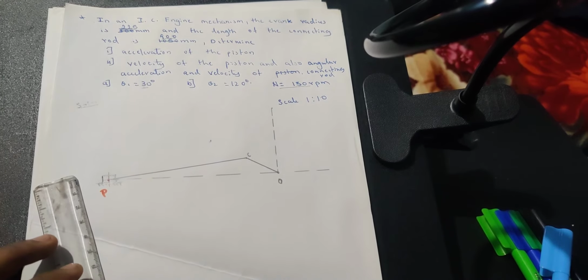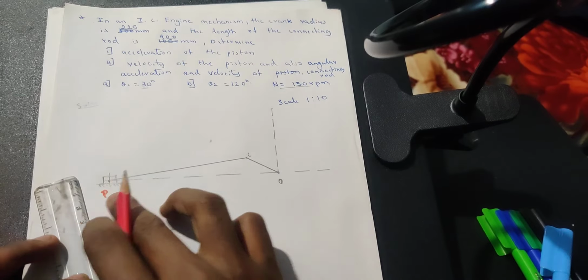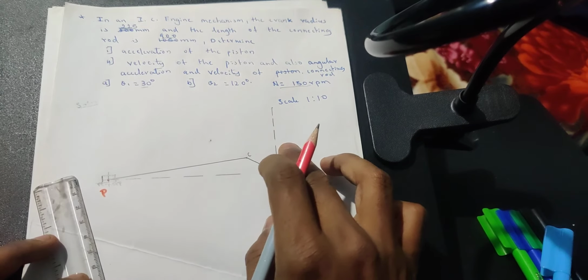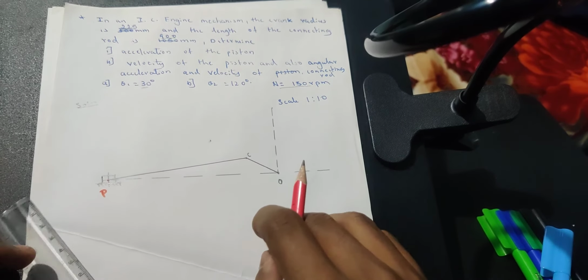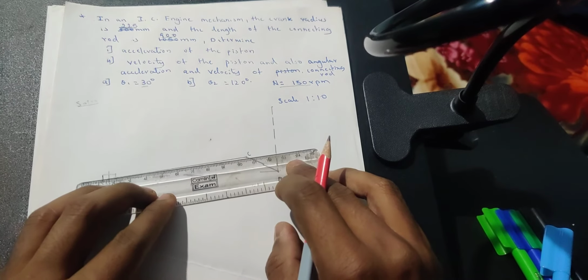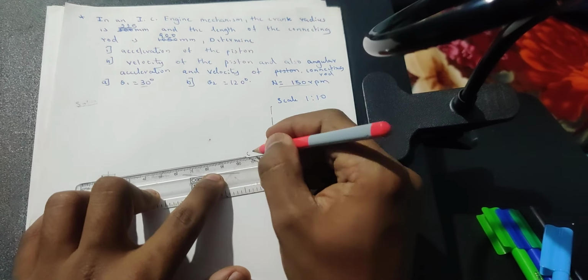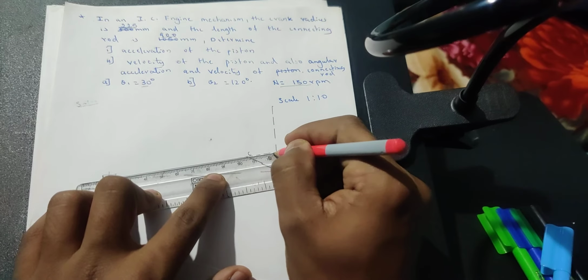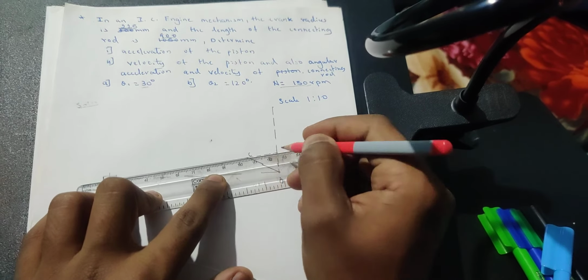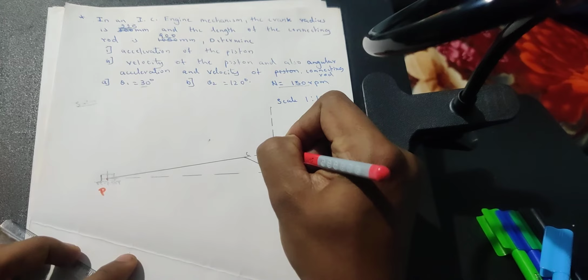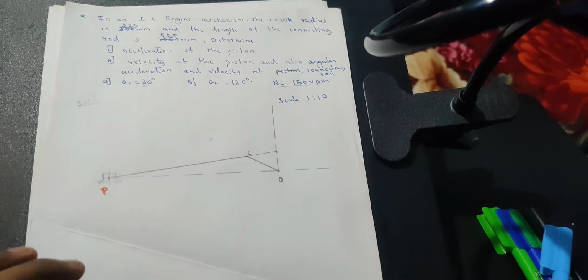So then what we are doing is we are extending this line PC, okay, until it touches this particular vertical line. So what I'll do is I'll take this position here. Okay, I'll mark the point here. So it is just coinciding here.